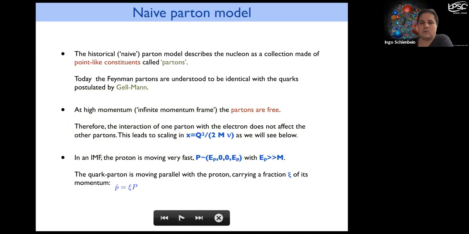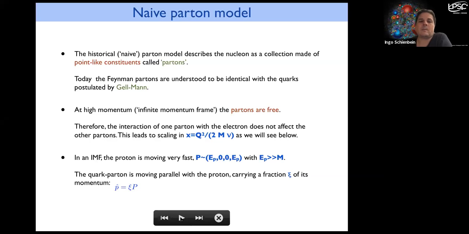So the Parton model was introduced by Feynman in the late 60s, probably also triggered by the experimental results by the SLAC collaboration, which found that the structure functions are scaling and do not fall off steeply with increasing Q squared, as was initially thought.